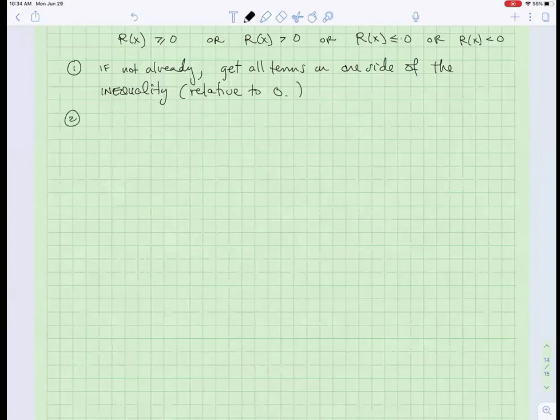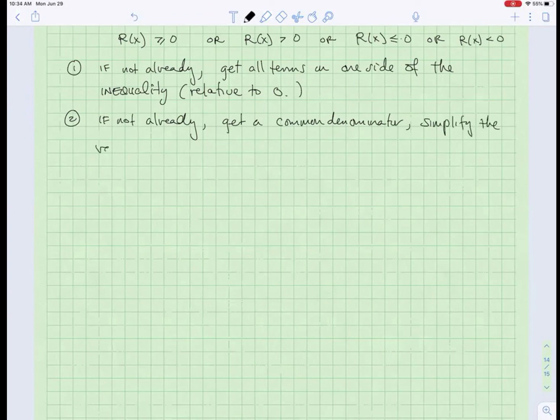The next thing that you want to do is, if not already done, get a common denominator. Get a common denominator, simplify the rational expression, the rational function, and factor it completely.